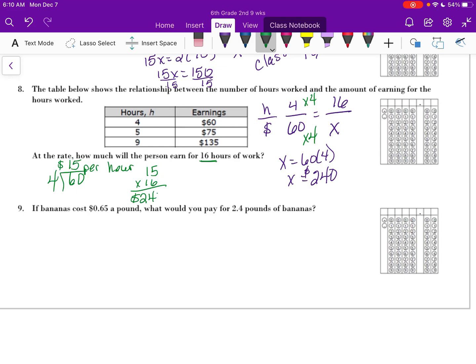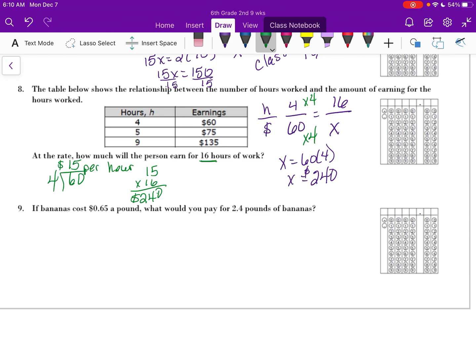Is that right? Seems like it would be more, but check it on the calculator real quick. Nope, that's right.